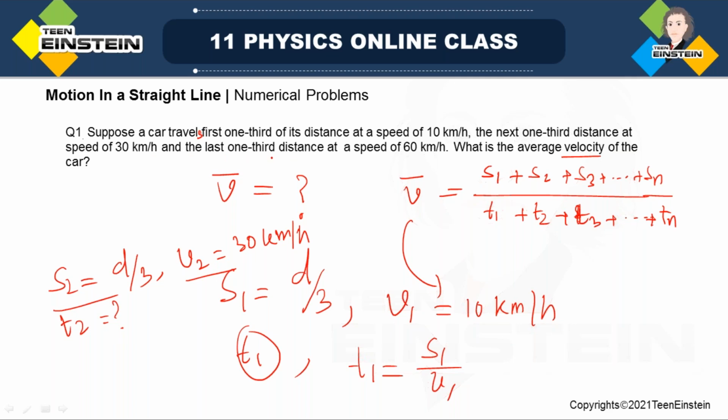Again, the last one third distance, s3, is d by 3 again. So there are three displacements, and the velocity v3 is given as 60 kilometer per hour. You can find t3 from this, right?